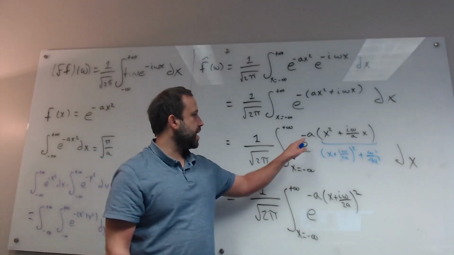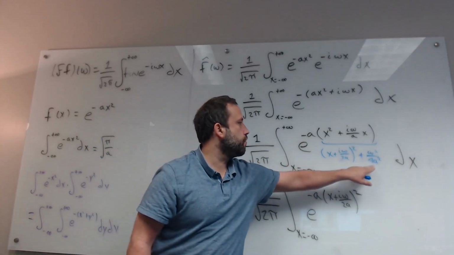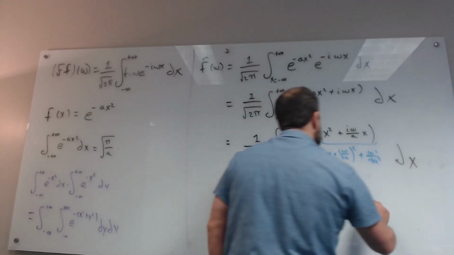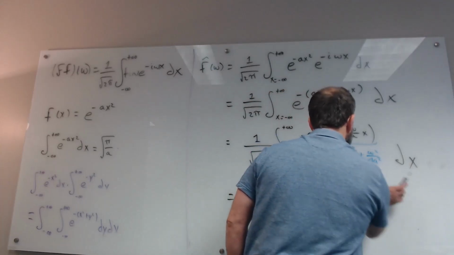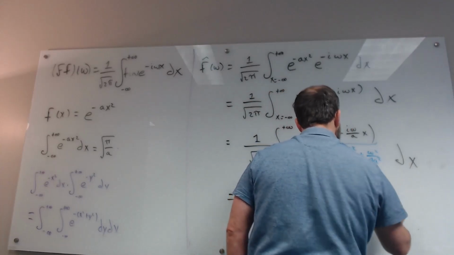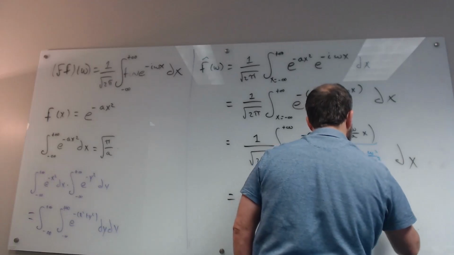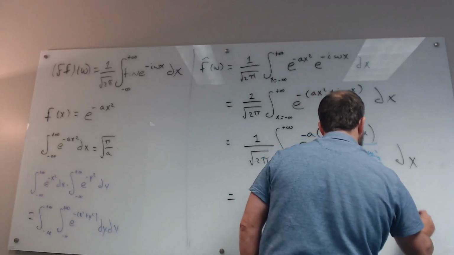Then it's going to be a times omega squared over 4a squared, and what that's going to end up being is just minus omega squared over 4a, dx.